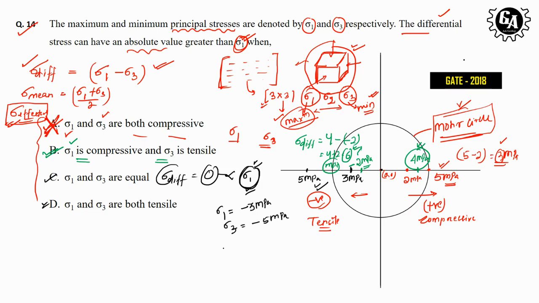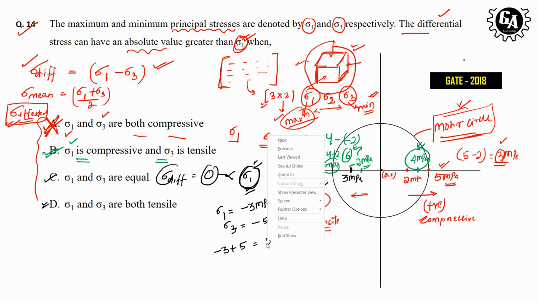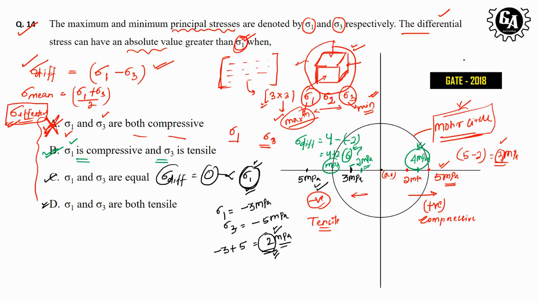Now if we add sigma 1 minus sigma 3, minus 3 plus 5 is equal to 2 MPa. Now this numeric value is coming out positive, 2 MPa.